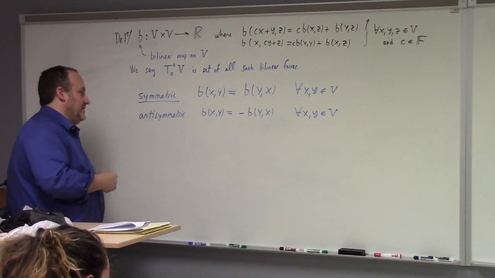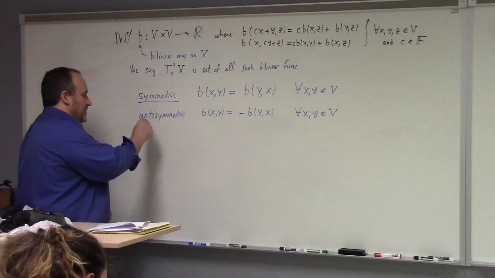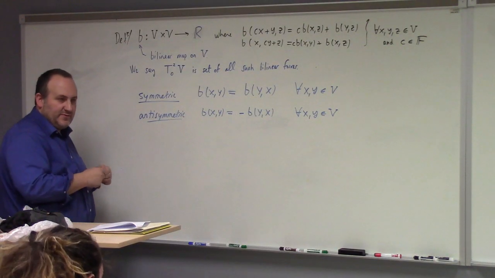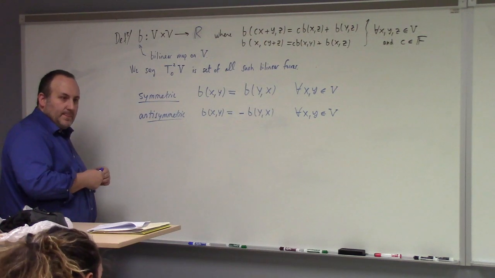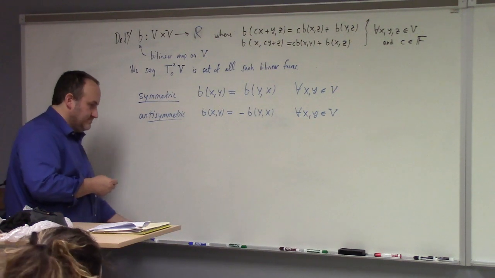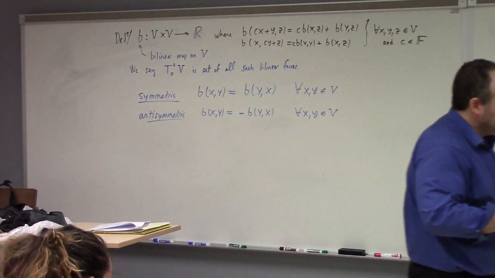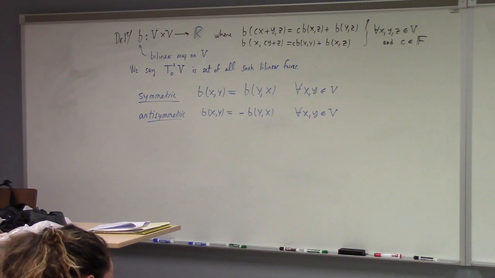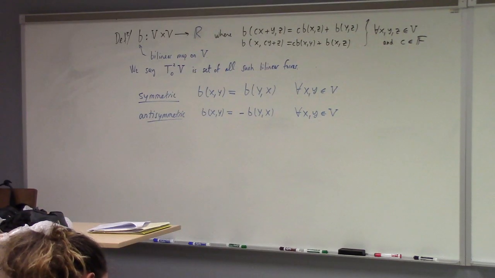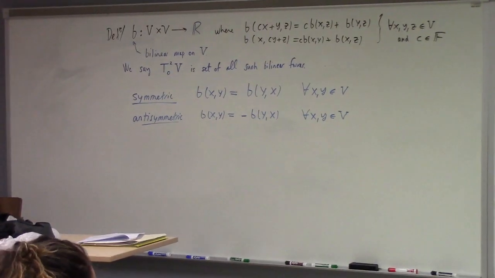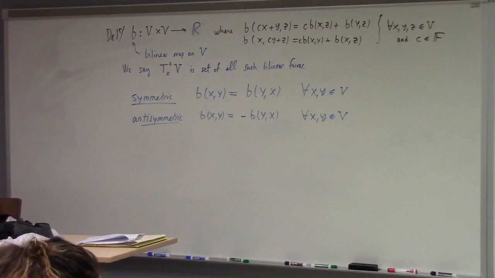Now, is every bilinear form either symmetric or anti-symmetric? What do you guys think? I mean, probably not, right?